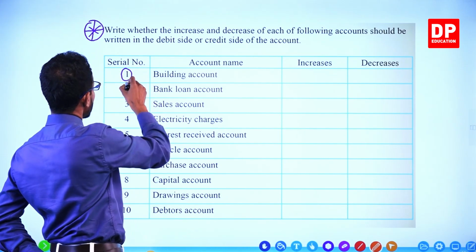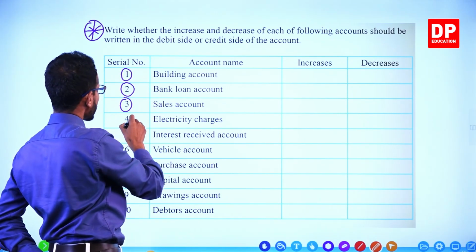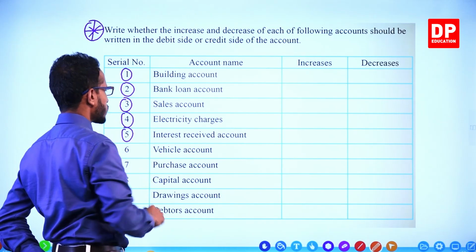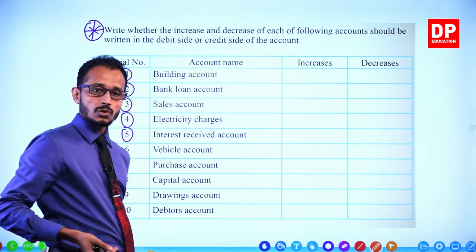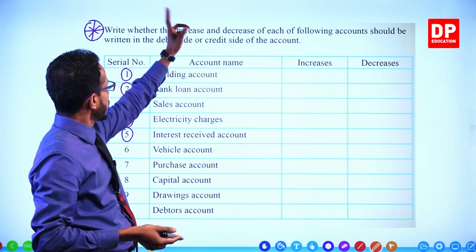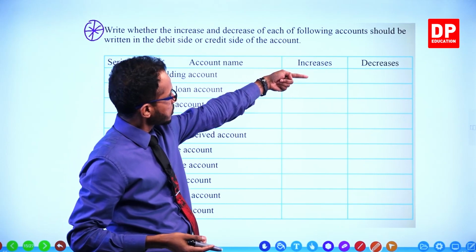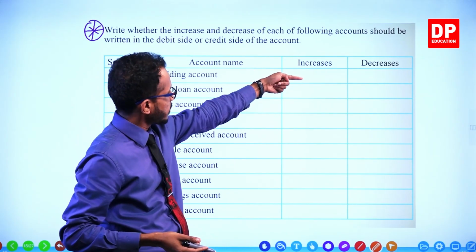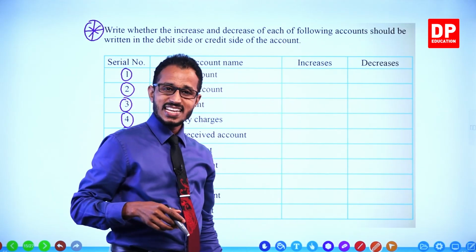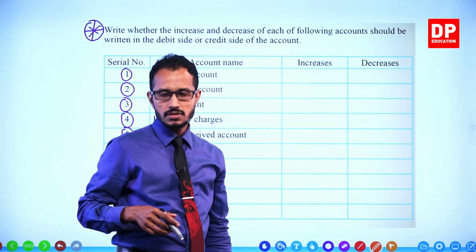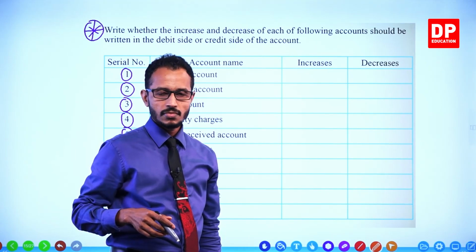See, building account, bank loan account, sales account, electricity, interest received. The list goes on. And they're asking when they increase, should it be debit or credit, and when they decrease, whether they should be debit or credit. Simple question.